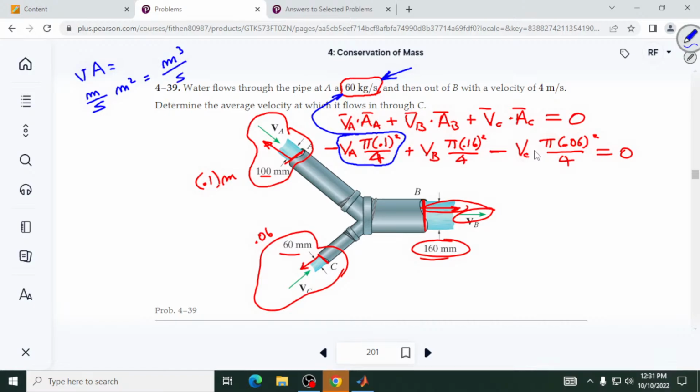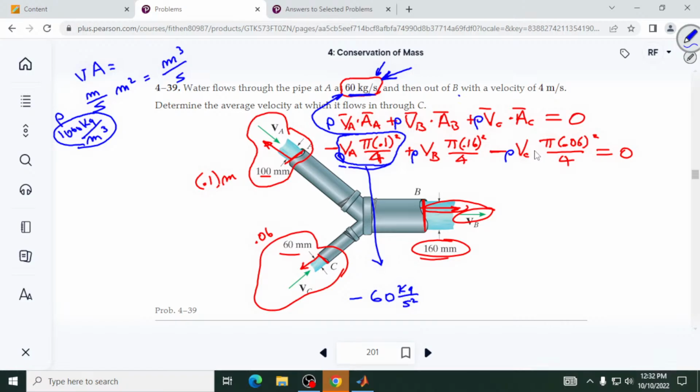Since it's water, I need to have a density in front of it. That will give me 1,000 kilograms per meter cubed. So technically, looking back at this, put a rho in front of each one of these terms, and the rho value is 1,000. Then that first number with the rho should be 60. So in fact, if I just copy that down, it should be 60 minus 60 kilograms per second.